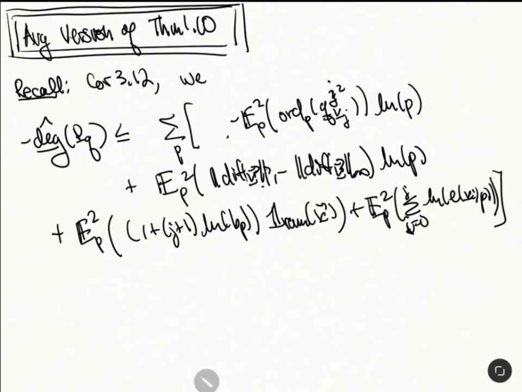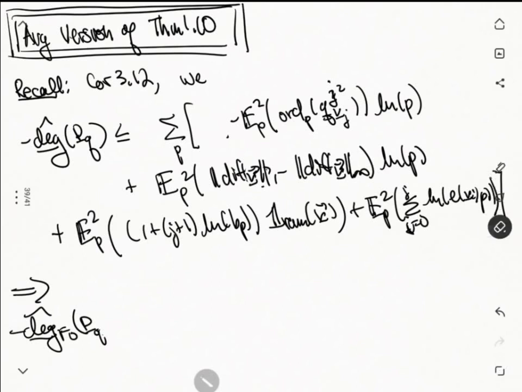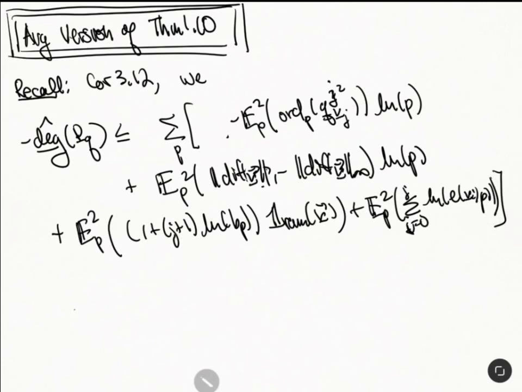So after we collect everything, this implies minus the degree of f naught pq is less than or equal to the following.